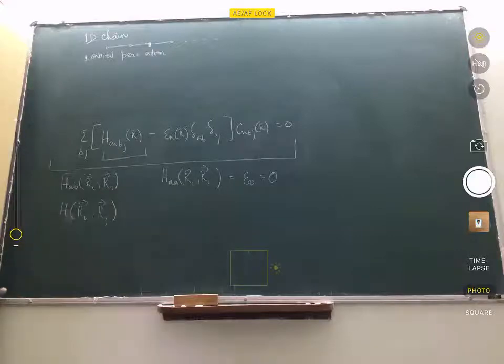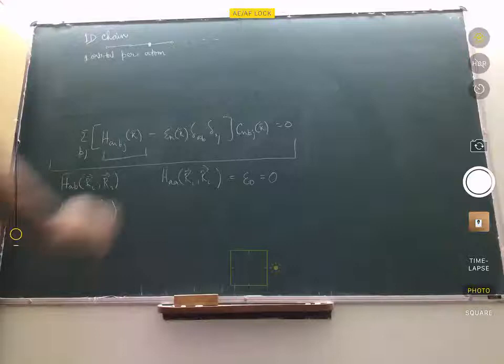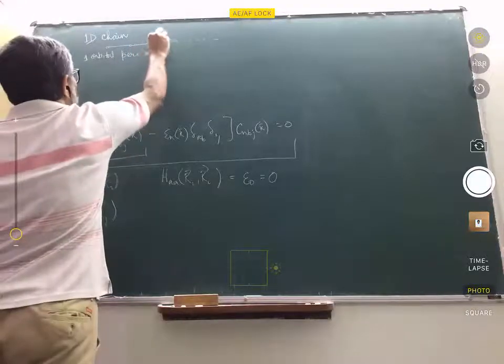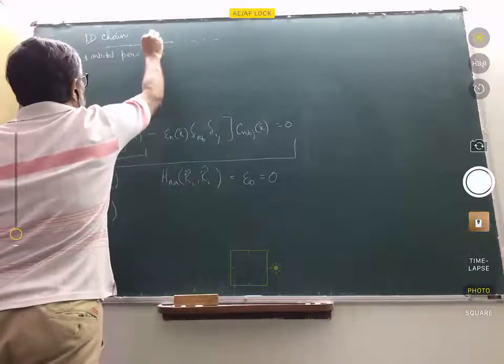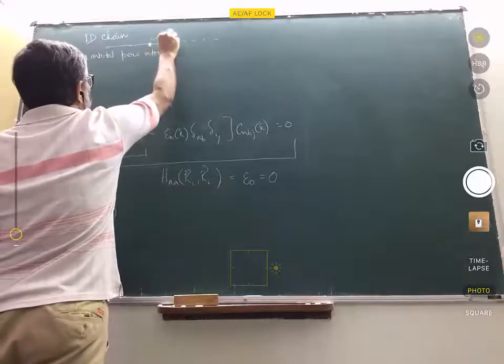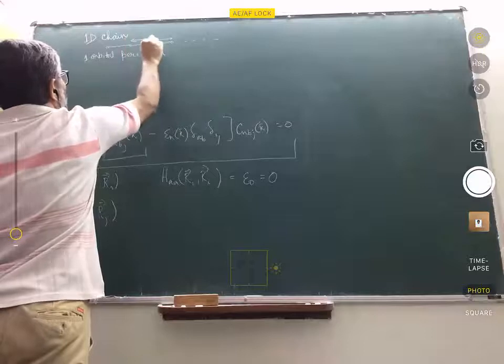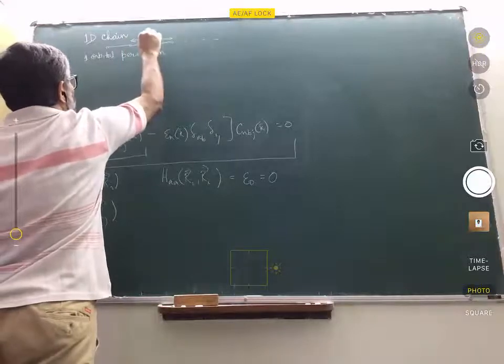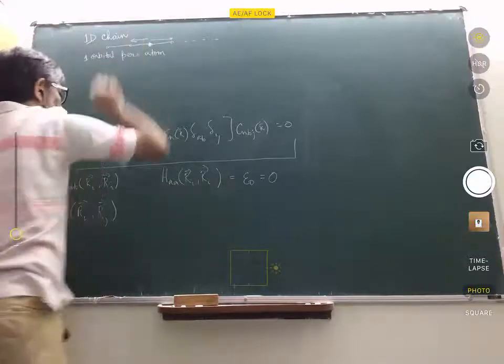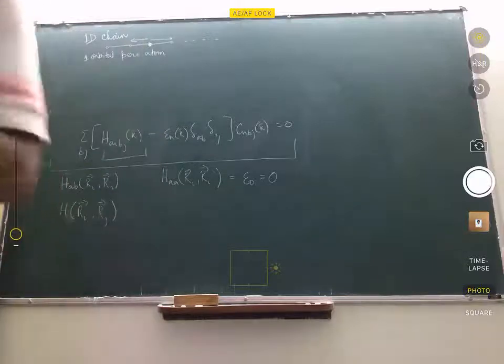I restrict these terms only when R_i and R_j are nearest neighbors. So if I am sitting on this side, then I consider that the off-diagonal matrix element like this is non-zero only when I look at orbitals on this and this or this and that. So that's called the nearest neighbor tight binding model.